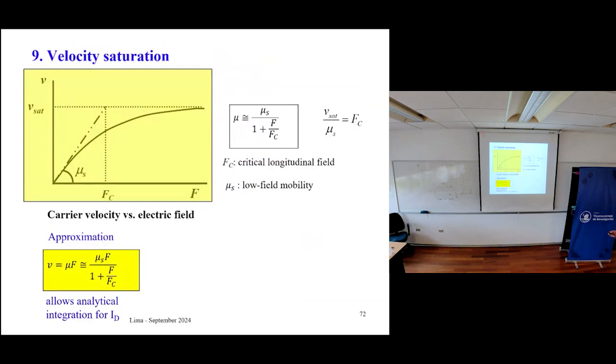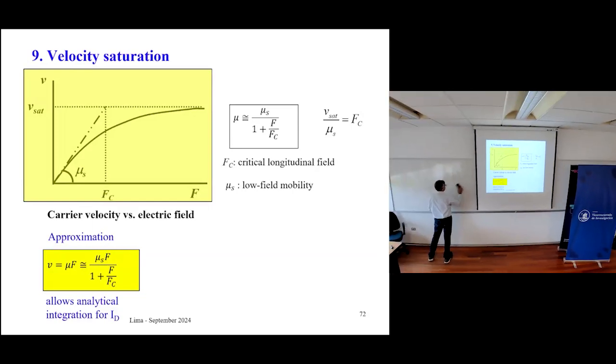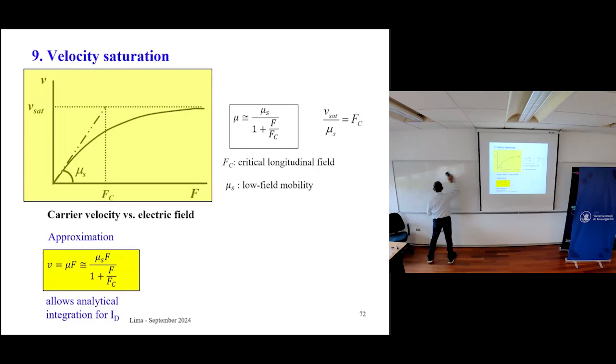Well, when I derived the drain equation of the transistor, I assumed that the relationship between velocity and field, I call electric field, is given by the mobility.